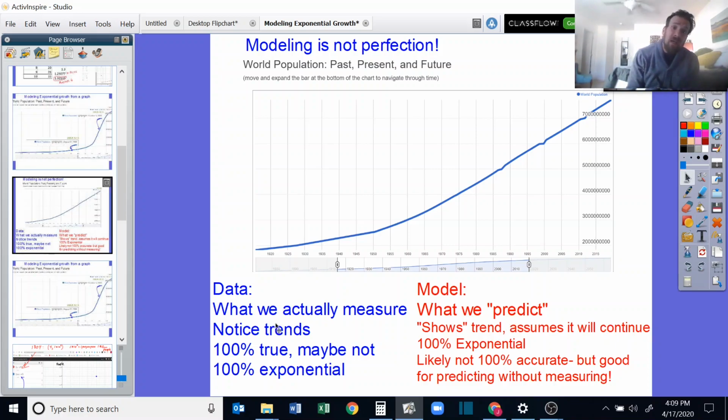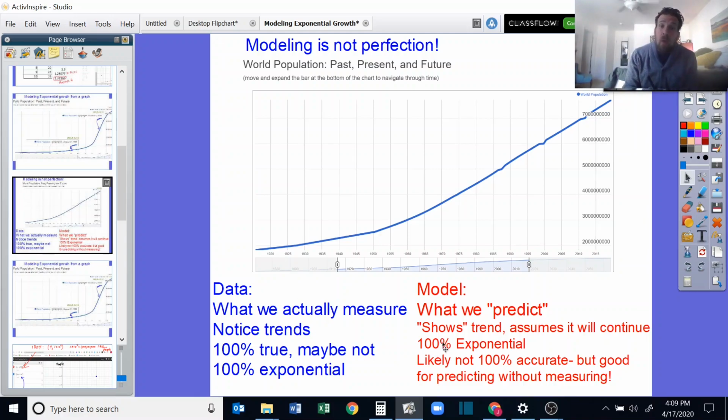So the data is what we actually measure. The model is the equation, and maybe the graph of that equation so that we can see it, that helps us to predict. Now, when we see data, the first thing that we might notice is trends. That's the part where we go, oh, this looks exponential. That's what helps us to understand what kind of equation we write.